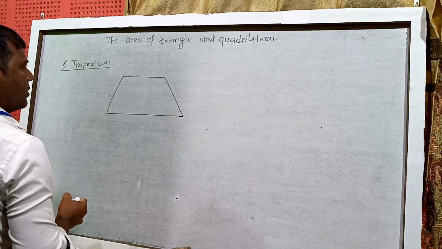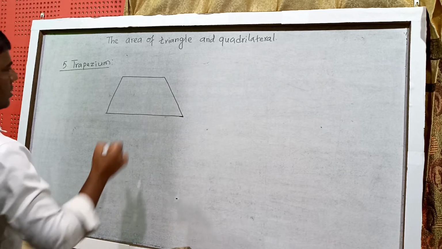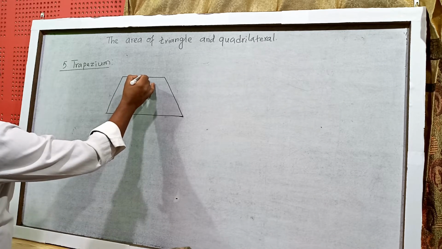A quadrilateral in which one pair of opposite sides is parallel is called a trapezium.